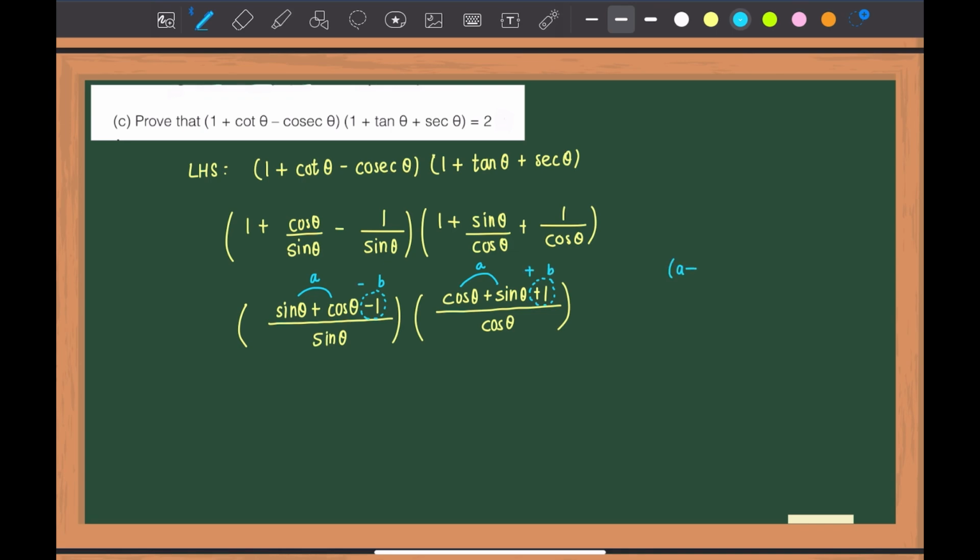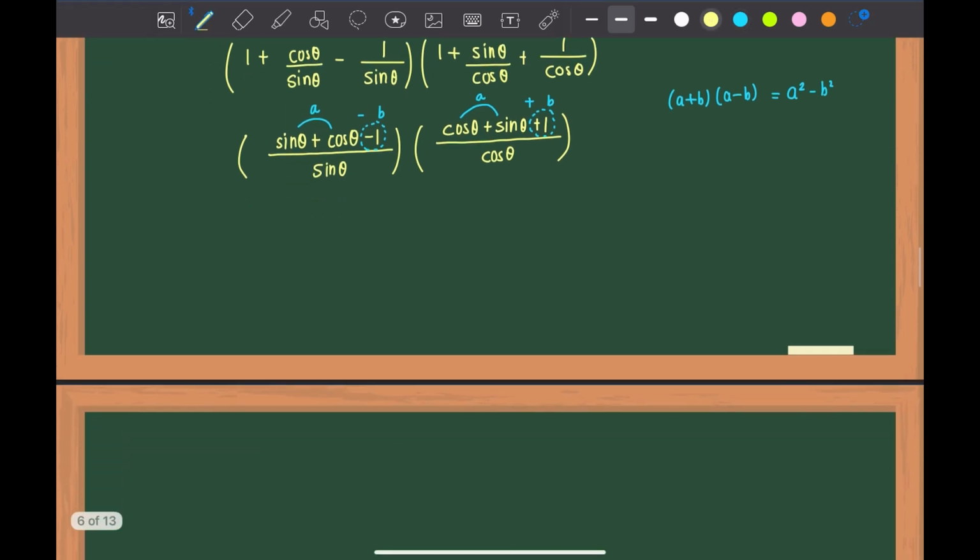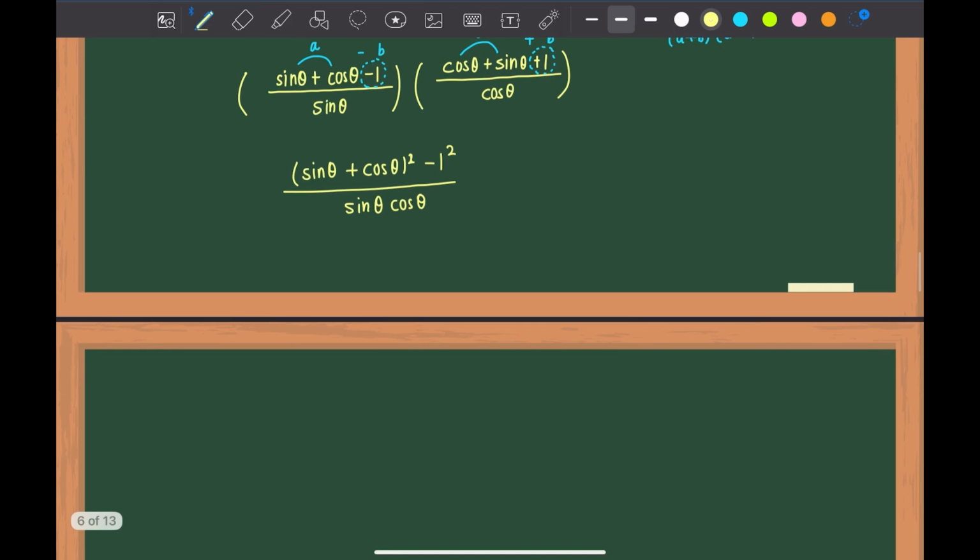So it is similarly (A plus B) multiplied with (A minus B), which is simply A square minus B square. So we can apply this over here. I can write (sine theta plus cos theta) whole square minus 1 square, divided by sine theta cos theta. After that, we can open this portion by the formula of (a plus b) whole square.